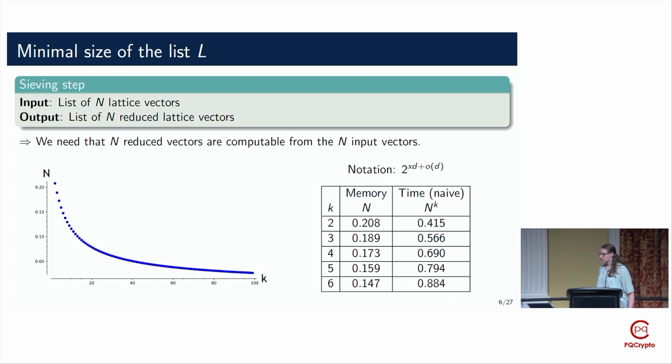This directly translates into a lower memory when k increases. However, we see that the time explodes when we have a high k. So our goal was to try to keep low memory, I mean low, but here still exponential, and to try to reduce the time to make it practical.